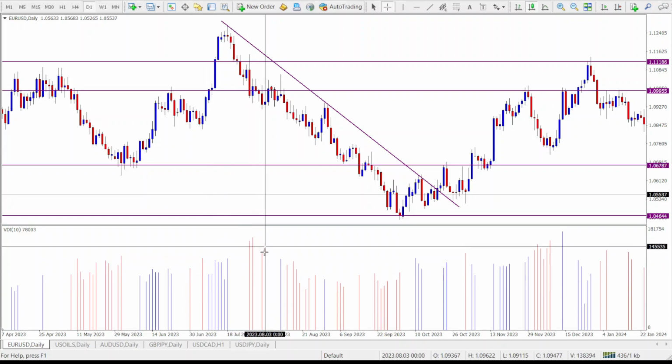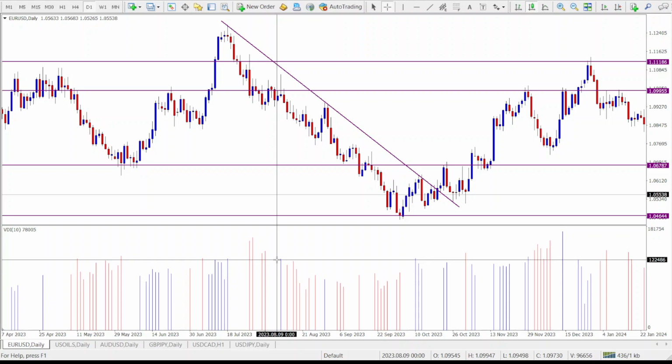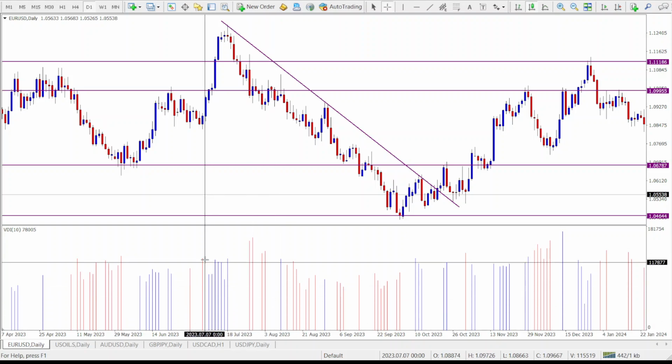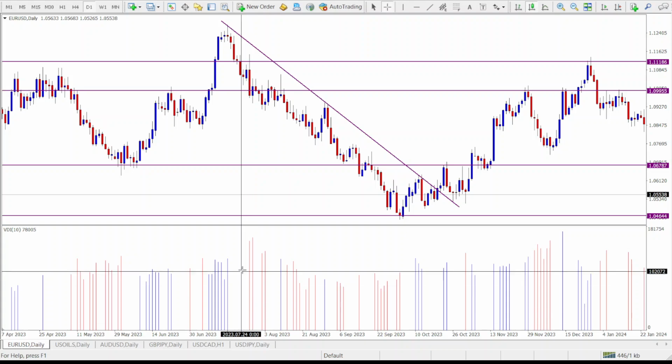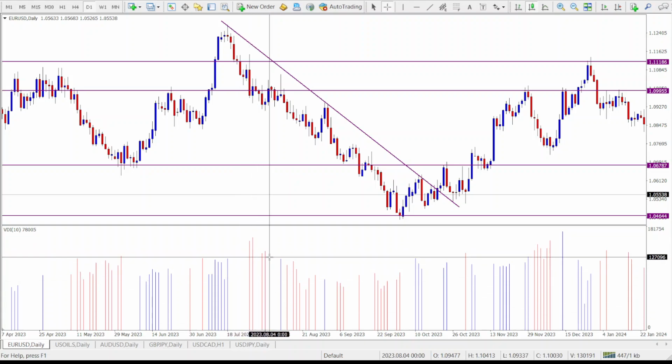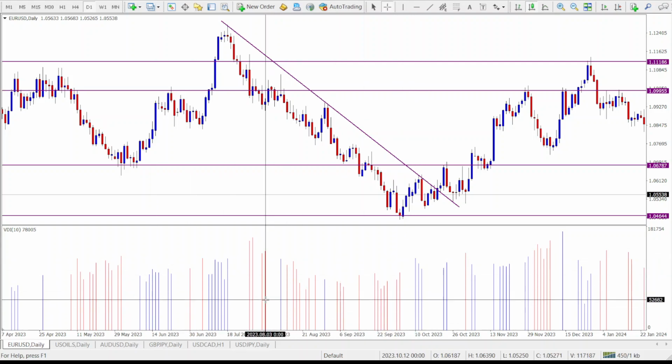When the red lines appear, it's a sell signal. In a nutshell, when the blue lines appear, it shows buying tendency. When the red lines appear, it shows selling tendency. So you just need to focus on those color codes.